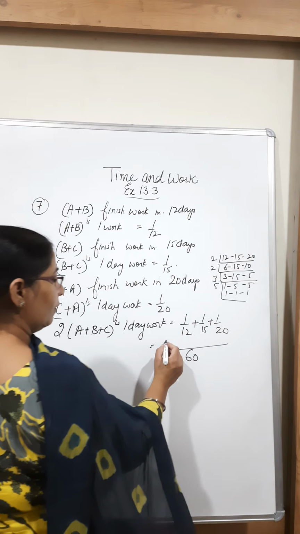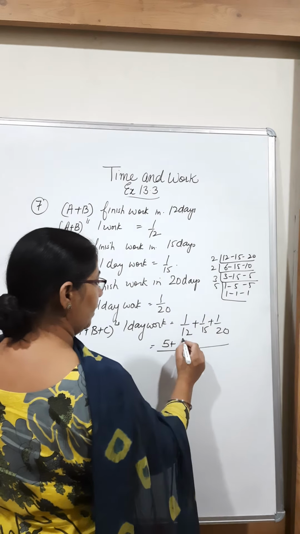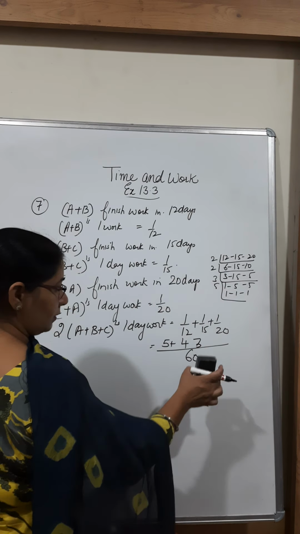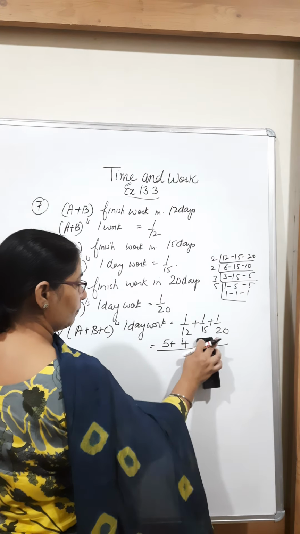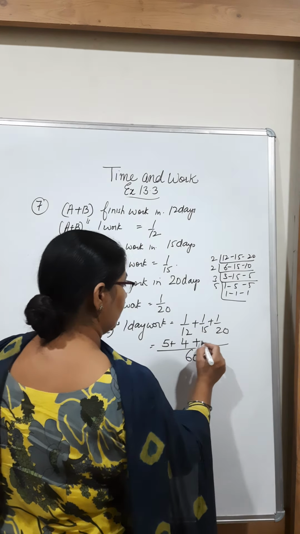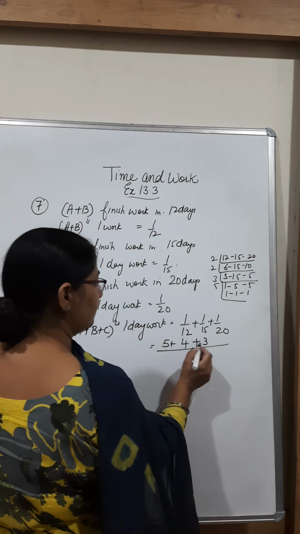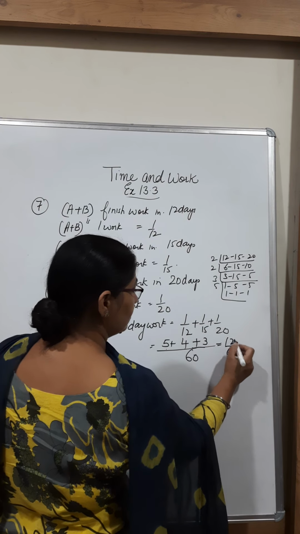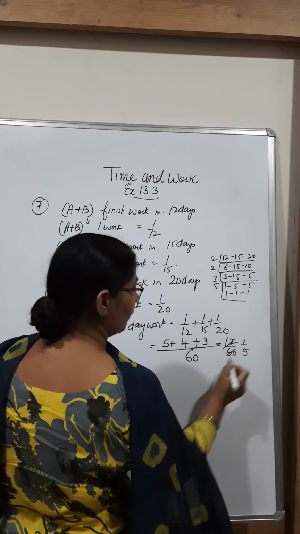So 12 5s are 60, 15 4s are 60 and 20 3s are 60. So what do you get here? 5 plus 4, 9 plus 3. This is equal to 12 by 60. The cutting of this gives you 1 by 5.